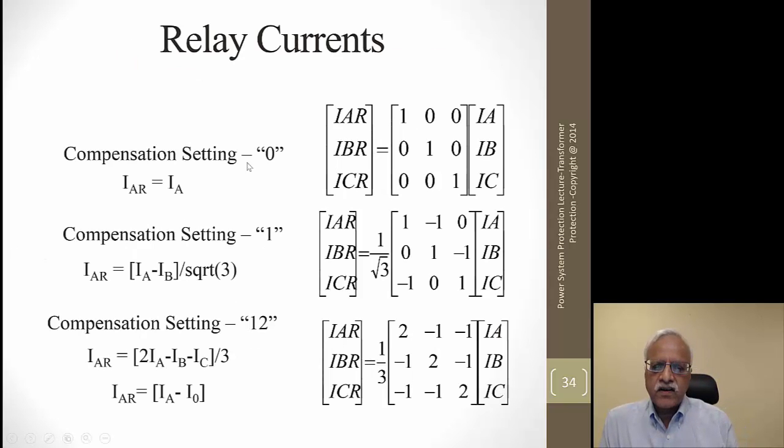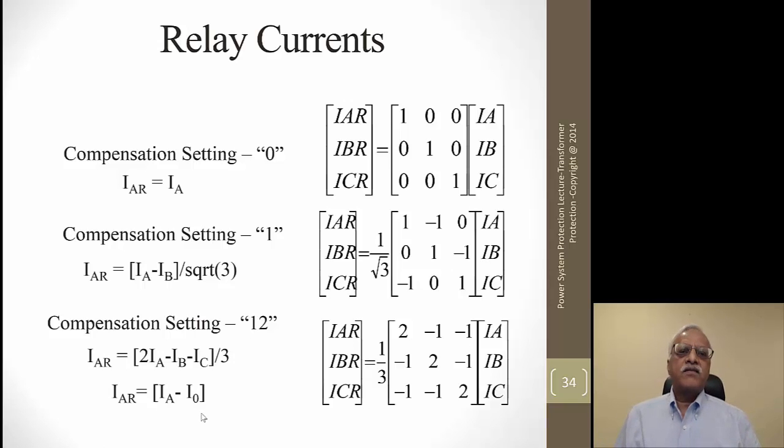So if compensation of 0 is this, as I explained, 1 will give you IA minus IB divided by square root of 3. And then if you use 12, it is 2IA minus IB minus IC. Minus IB minus IC is the same as IA minus 3I0, sorry, so it is 3IA minus 3I0. That divided by 3 gives you IA minus I0. You're taking away the zero sequence component.